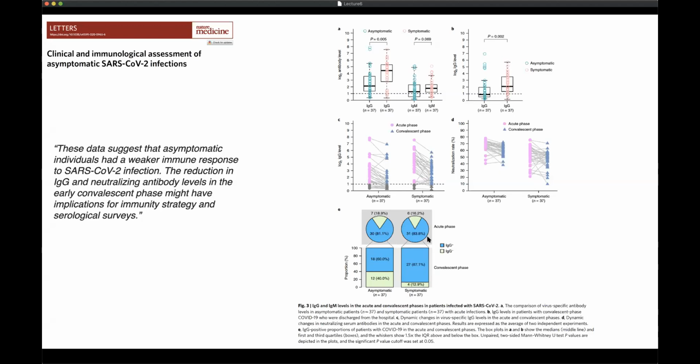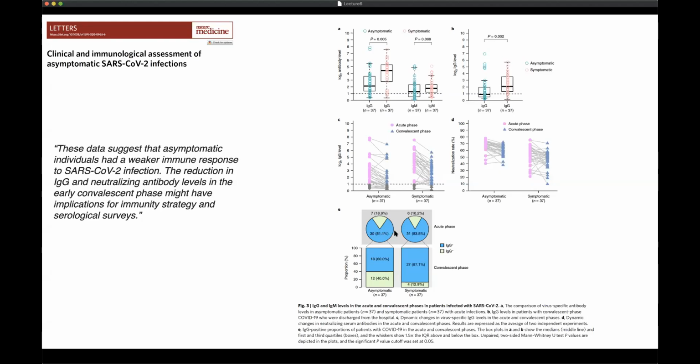after 2 weeks. So this is panel E of the figure. So let's look at this first. What they do is they measure whether or not there's IgG response to SARS-CoV-2 in either symptomatic or asymptomatic patients, either in the acute phase, which means early in the infection, or convalescent phase, which I think is defined as 12 weeks post-infection.